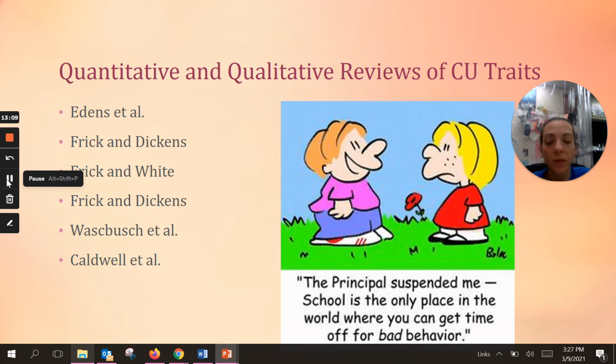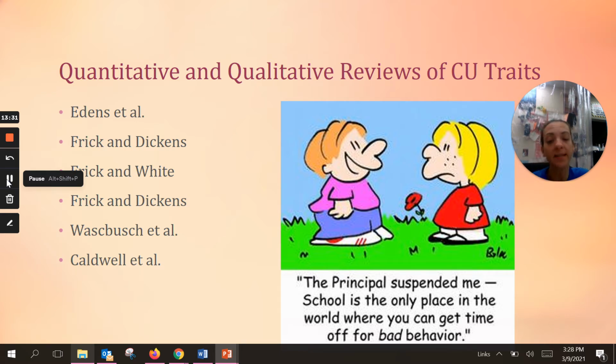They showed an association between CU traits and the severity of antisocial behavior. They concluded that children and adolescents with CU traits had a more severe and pervasive pattern of aggressive behavior, and that aggression is more premeditated and instrumental. So it's more that proactive aggression instead of that reactive aggression.